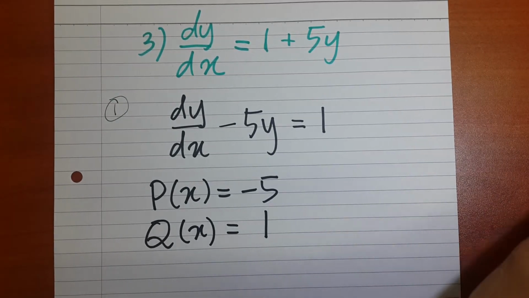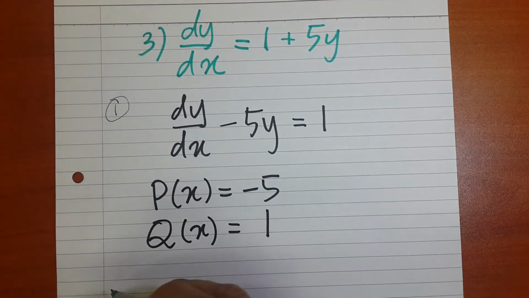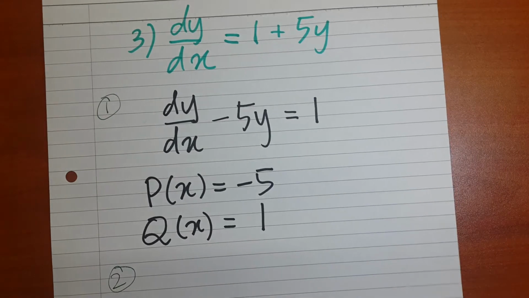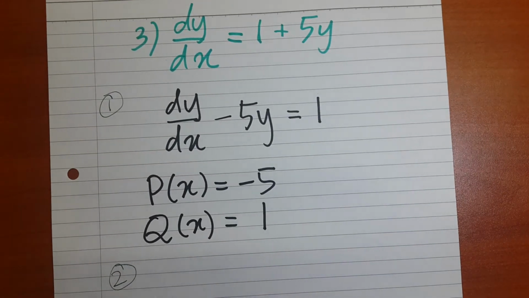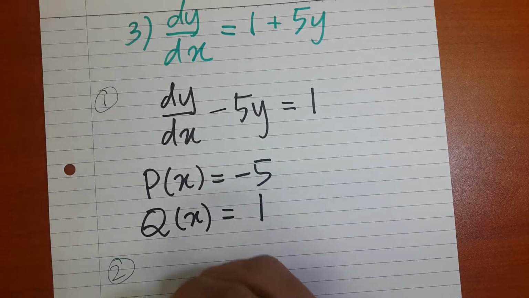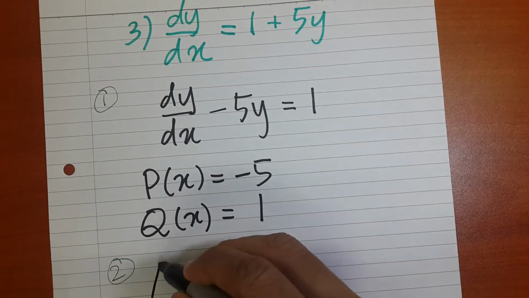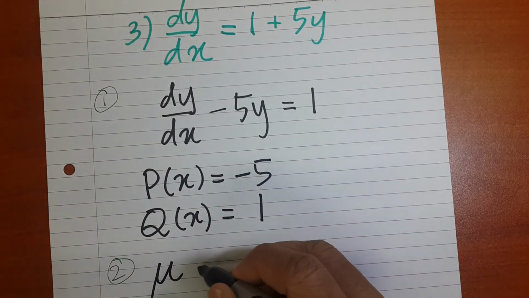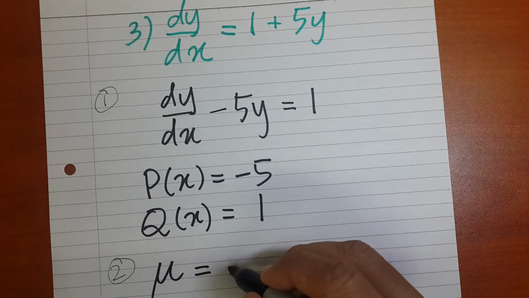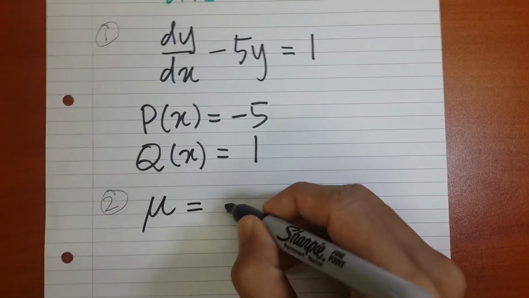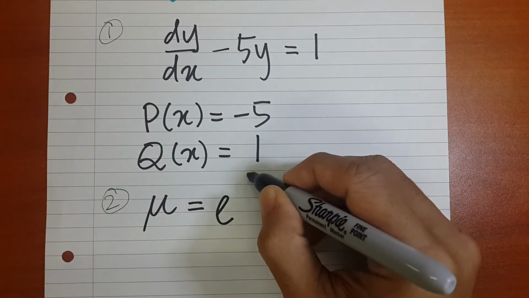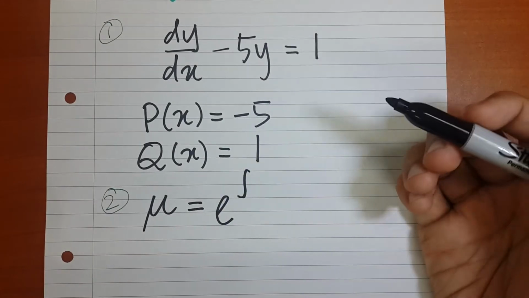Alright, so proceed with the second step, which is finding our mu. So mu is equal to the exponent of the integral of p(x), right?